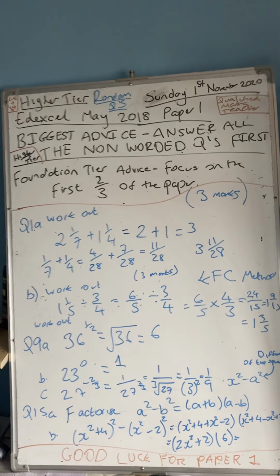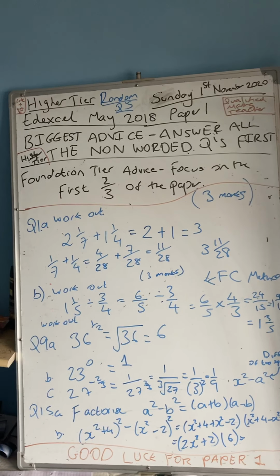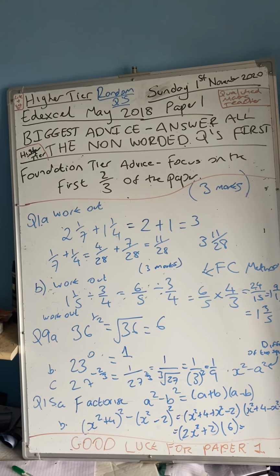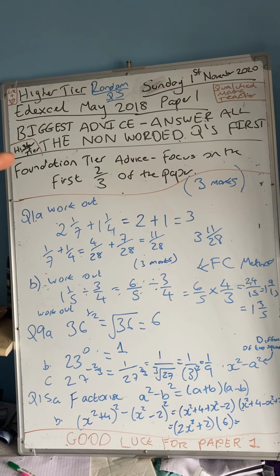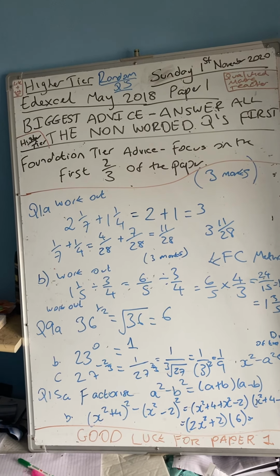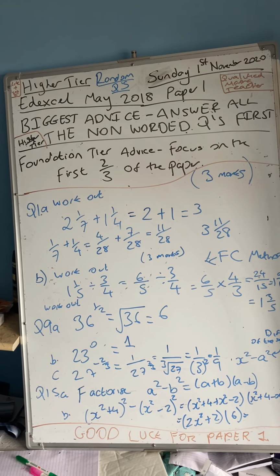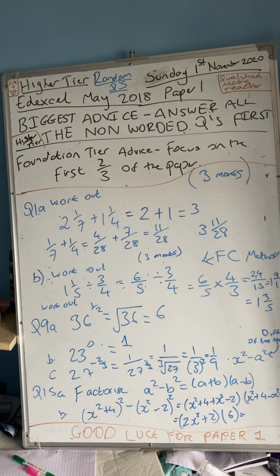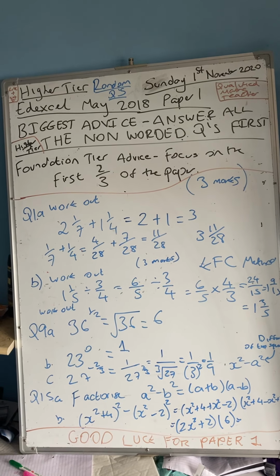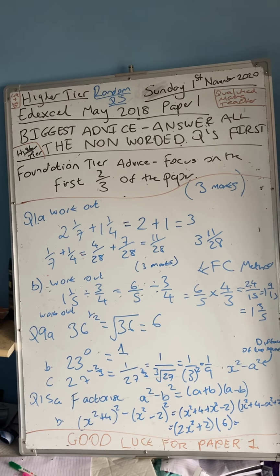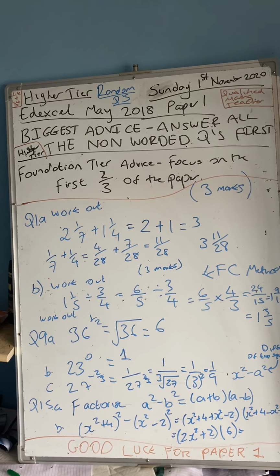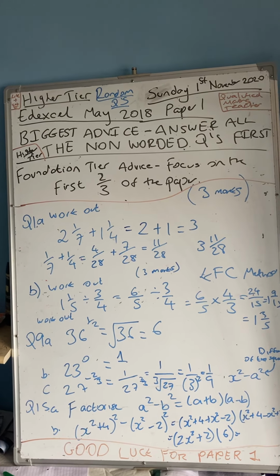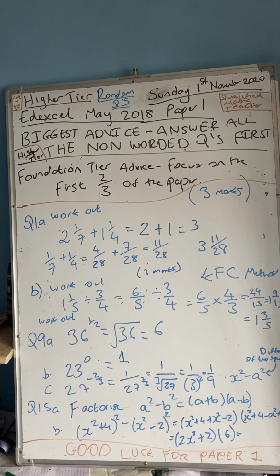So this is the higher tier Edexcel paper. My first advice here is to answer all the non-worded questions first. If you're doing higher tier, answer all the non-worded questions first. That is my biggest advice for anyone sitting higher tier. For the foundation tier, focus on the first 2/3 of the paper.